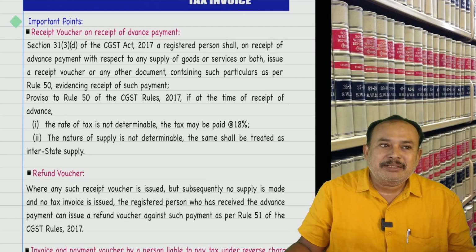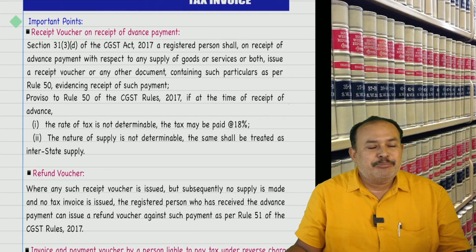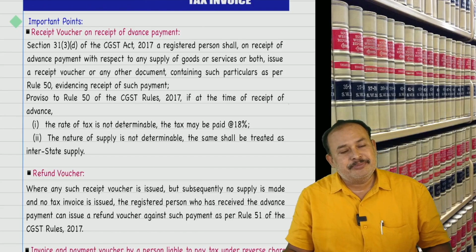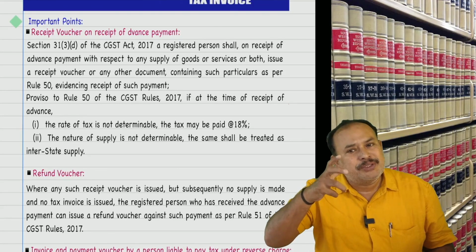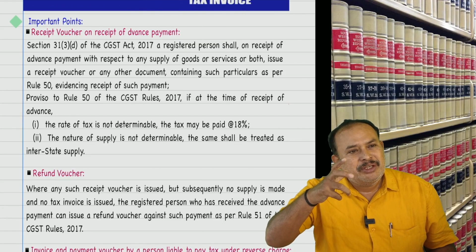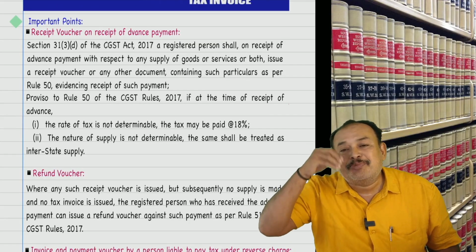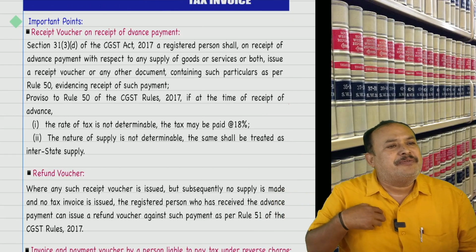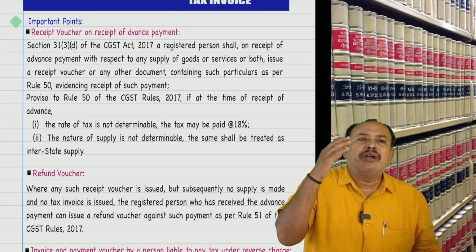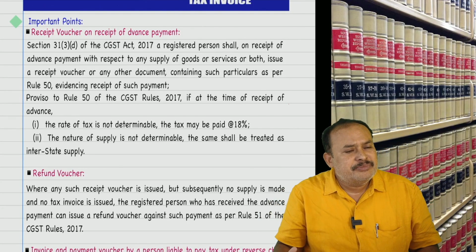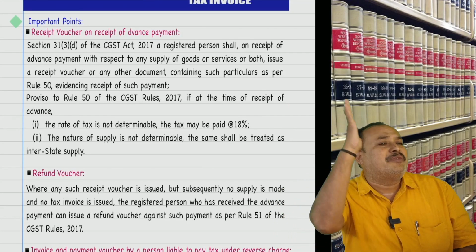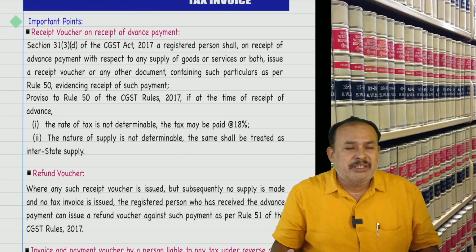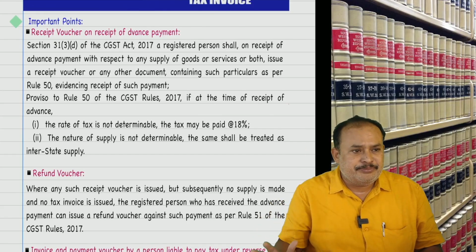You get my point? Payment in advance for supply of goods. I receive advance payment. I am a supplier of a new model cell phone, a fully artificial intelligence cell phone. AI. I am a supplier.